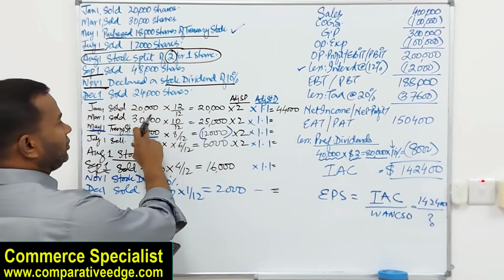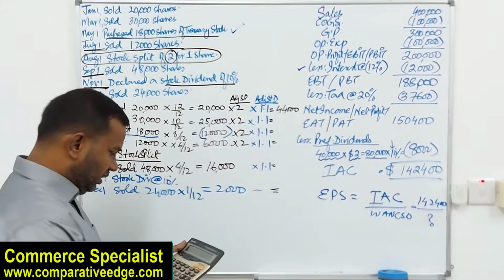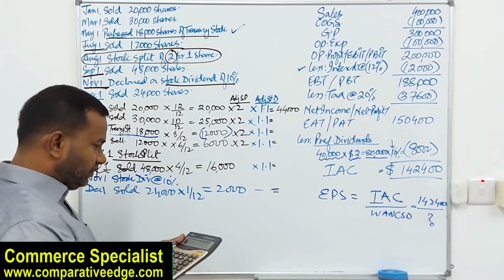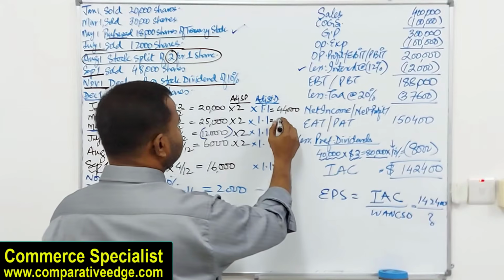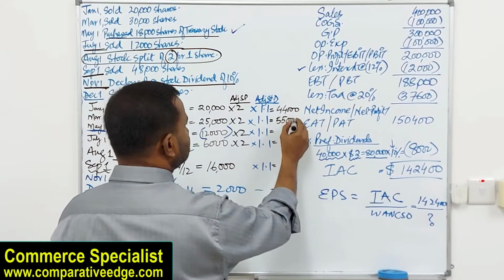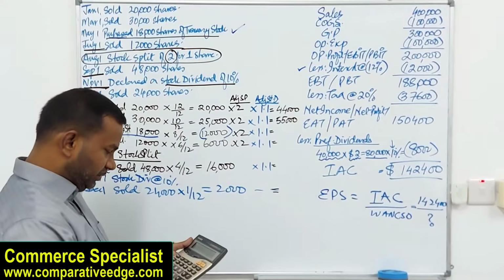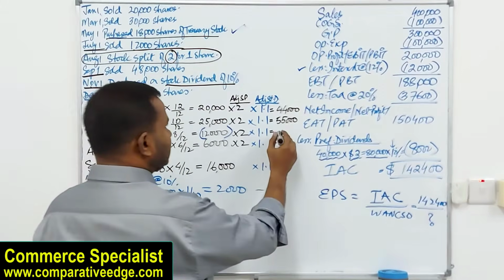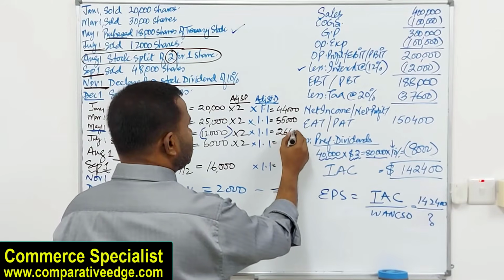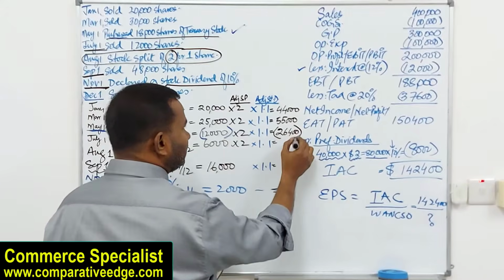After that, 30,000 into this fraction is equal to 25,000 into 2 into 1.1. So 25,000 into 2 is 50,000, into 1.1 gives me 55,000. 12,000 into 2 is 24,000, into 1.1 is 26,400.